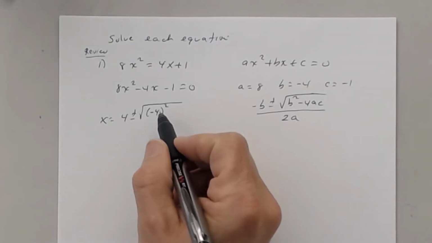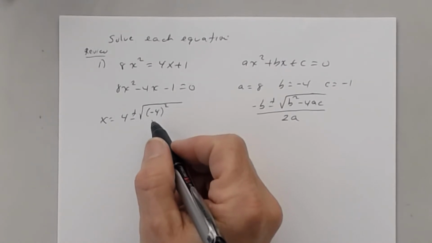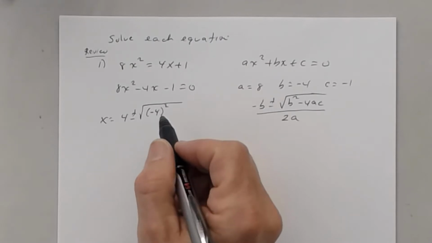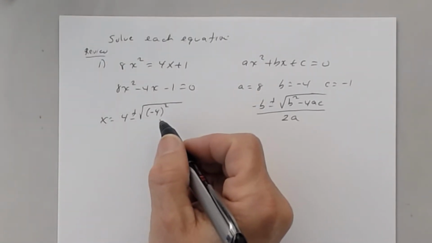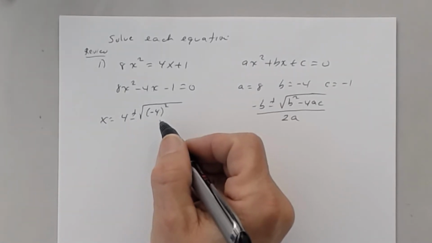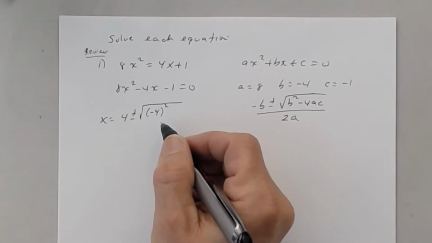When I square this, is b squared ever going to be negative? No, because if b is negative and you square it, a negative times a negative is a positive. A positive times a positive is still positive. If b is 0, 0 times 0 is 0.